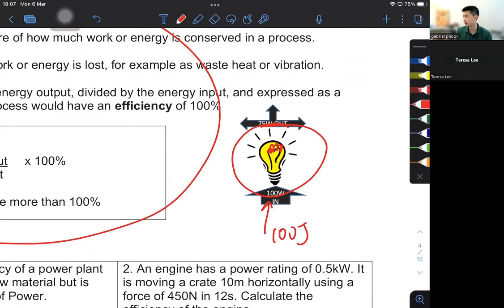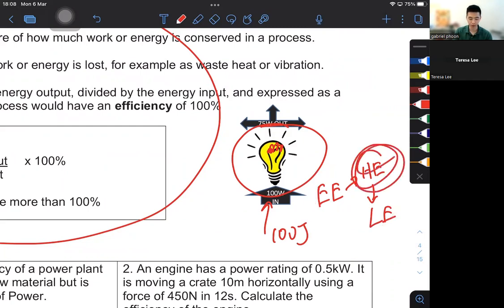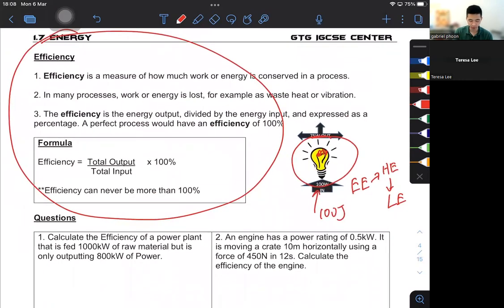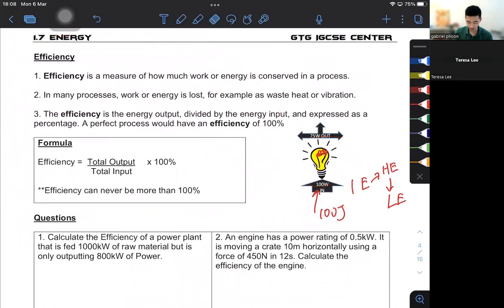So it converts electrical energy into heat energy into light energy, and in this process a lot of energy is lost in the heat energy part. From then onwards, it's usually not very effective. We'll learn how to do the calculations on efficiency later on.